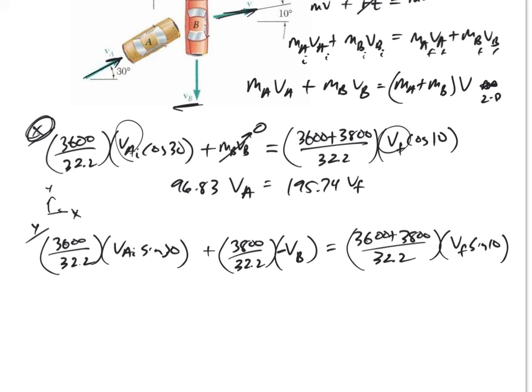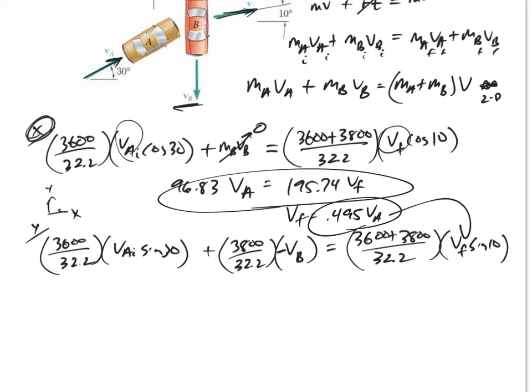But let me see what I really want to compare, right? Determine which car was going faster. So I want to compare VA and VB. A couple different ways you can do that, but from this right here, let's write VF in terms of VA. You would get VF is 0.495 VA, and then I could plug this in right here, and then I have an equation, and the only things in my equation are VA and VB.